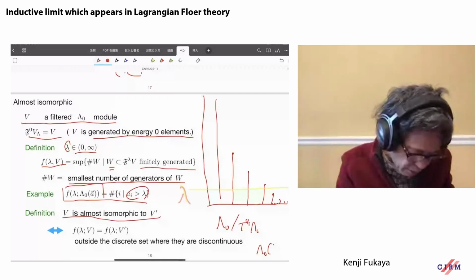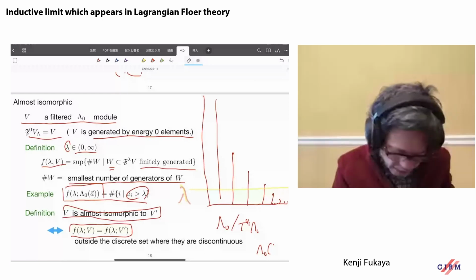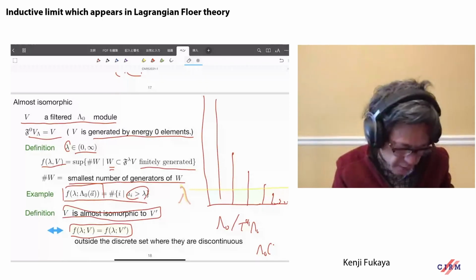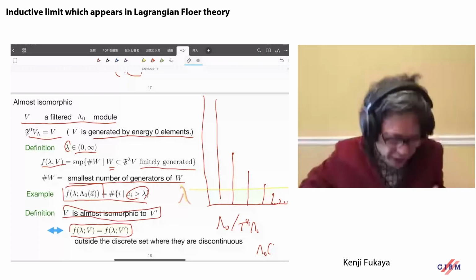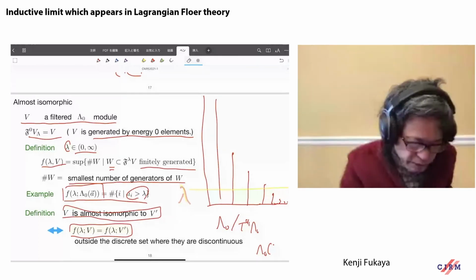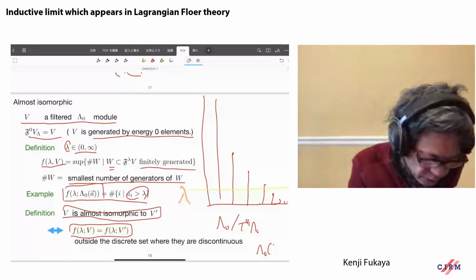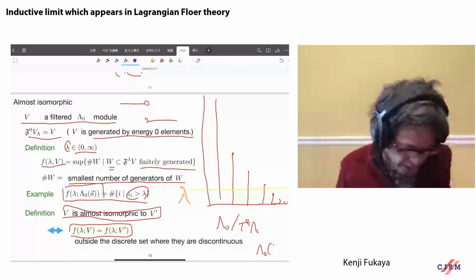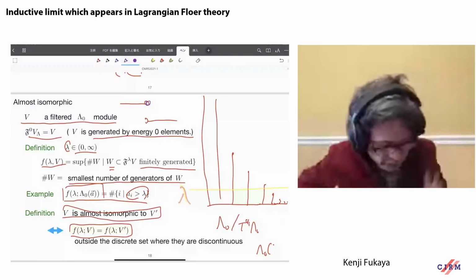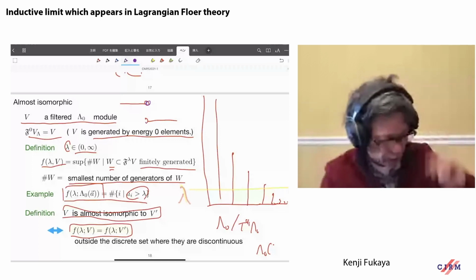This spectral dimension coincides after the discrete set where they are discontinuous. So this is an integer valued function. So it kind of jumps. And on a place where it jumps, you may take this guy or this guy, and that may not be the same, but almost everywhere it coincides. So this is almost isomorphic.